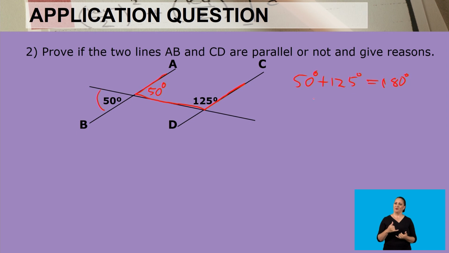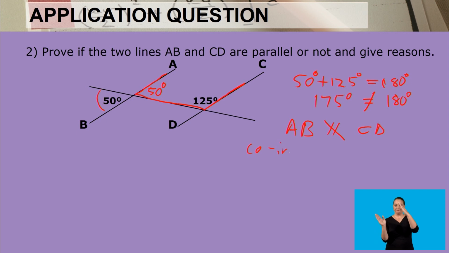But when we add them, we discover that they give us 175 degrees, which is not equal to 180 degrees. And therefore, these co-interior angles are not giving us 180, and therefore AB is not parallel to CD, because the co-interior angles do not add up to 180 degrees.